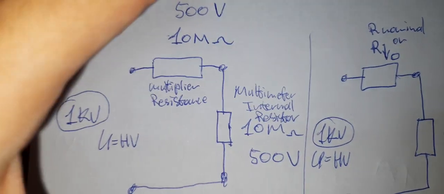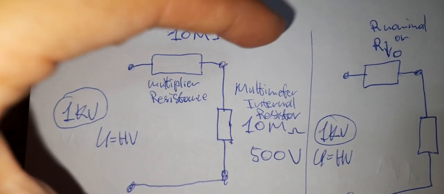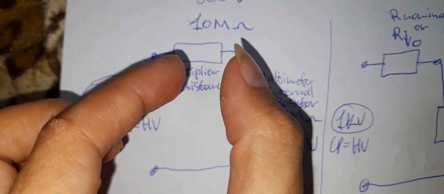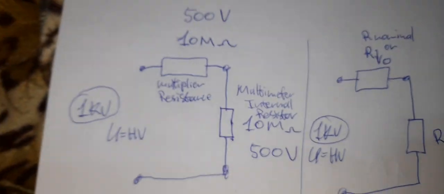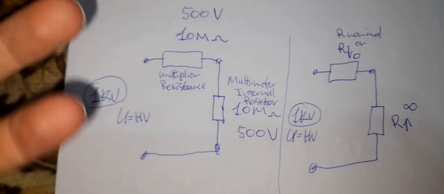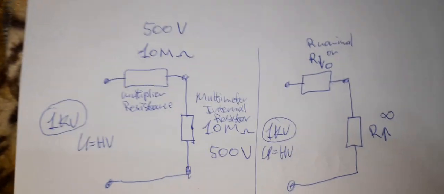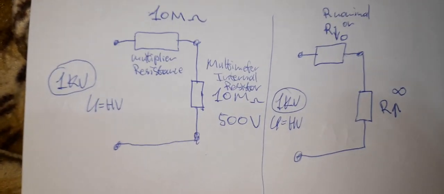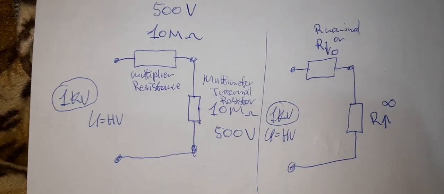So the higher the value, the higher the voltage. The lower the value, the lower the voltage. If you know what I'm talking about, dividing ratio.